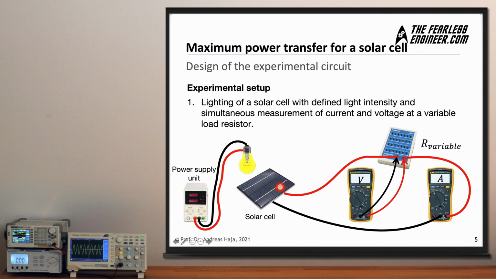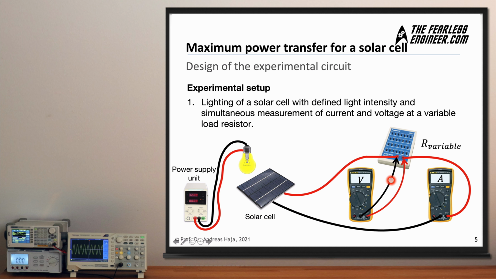And connected to the solar cell is a resistor box which has a lot of switches on it, and you can flip the switches to very finely adjust the resistance value of this entire box. So by flipping a few switches, we can very quickly change the resistance value of the load connected to the solar cell.